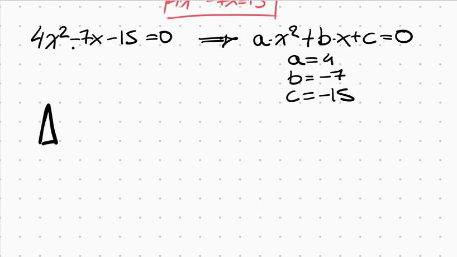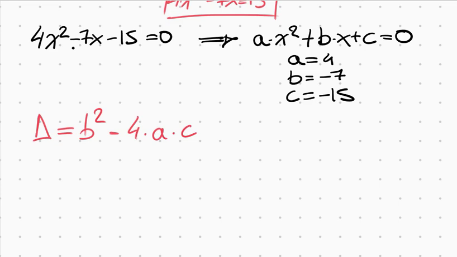Actually, let's make this a bit more red. Delta equals, and this is the formula we have developed. It's b squared minus 4 times a times c. Very standard.